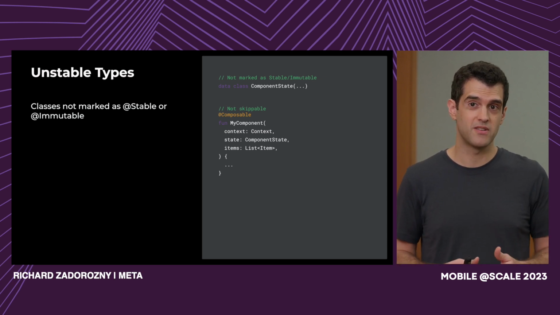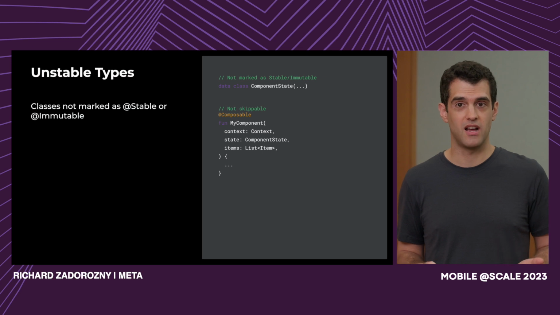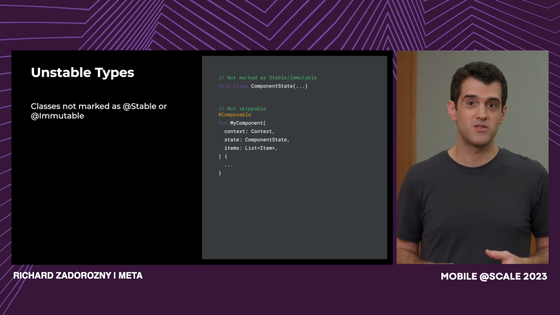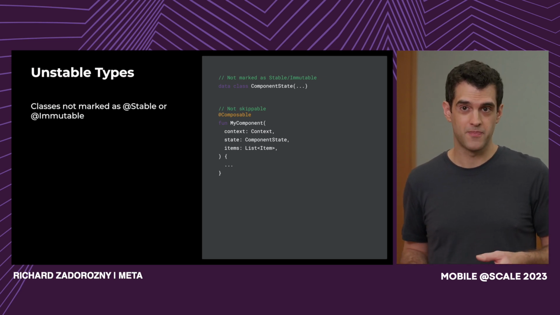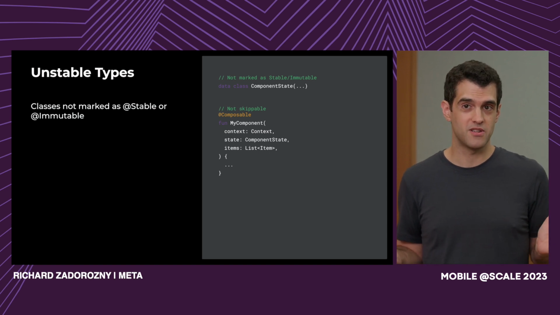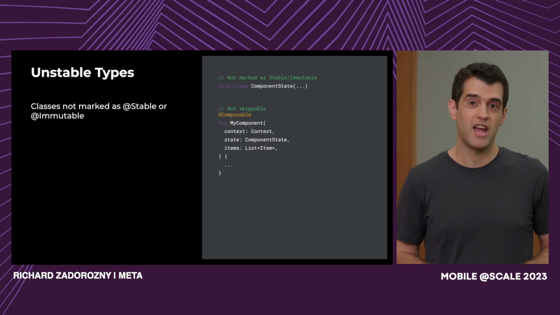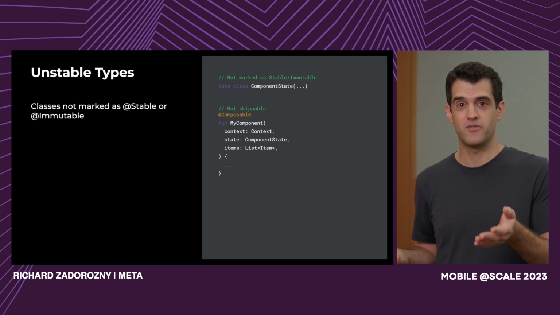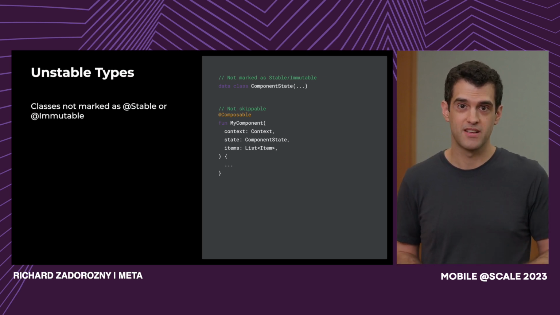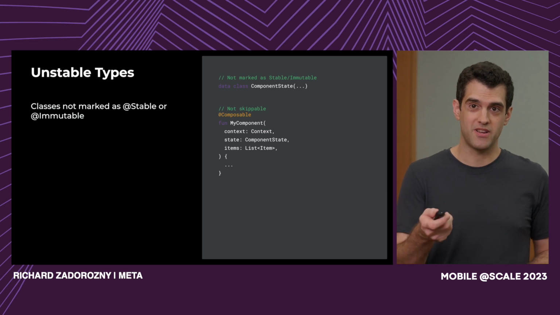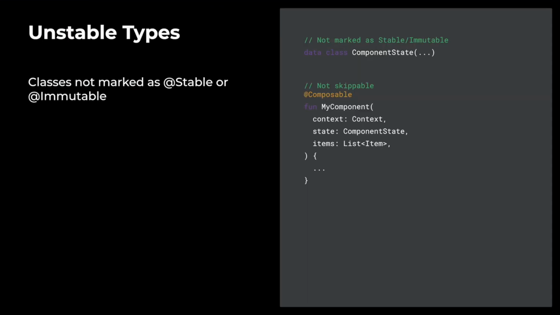So by default, if you create a new class, it is considered unstable. When Compose reaches an unstable type, it will no longer make an assumption about what's inside and will favor correctness over performance. It could recompose a lot more of your UI than is really necessary. So an example here, we have a function myComponent, which takes a few argument types.